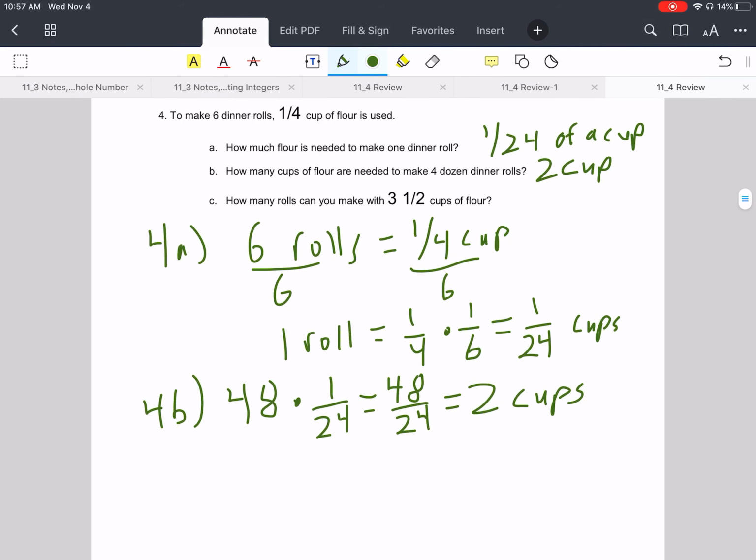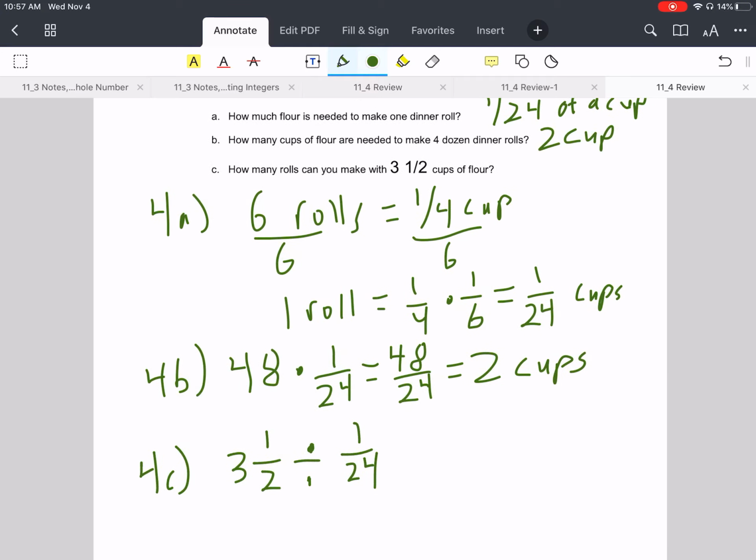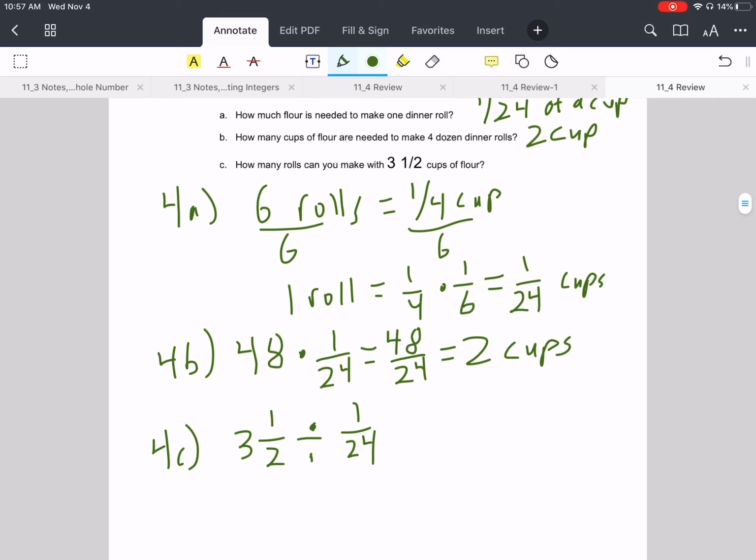And for C, how many rolls can you make with 3.5 cups of flour? So we have 3.5 cups, and we are going to divide that by 1/24, because that is the amount of flour needed for 1 roll. We're trying to figure out how many rolls we can make.